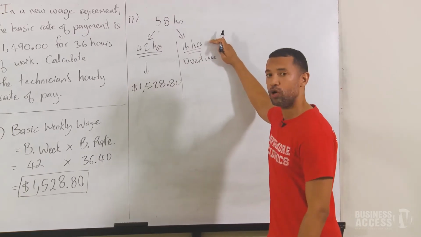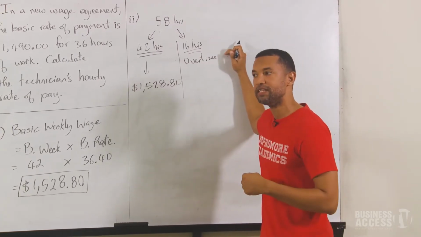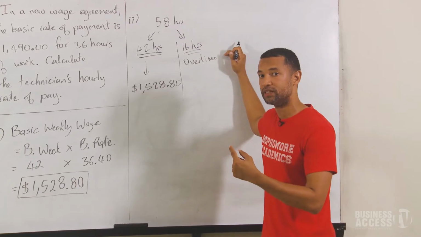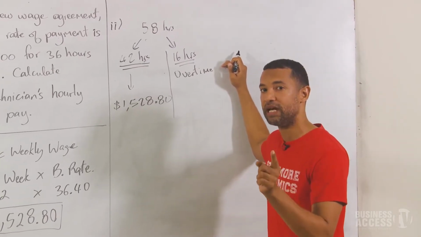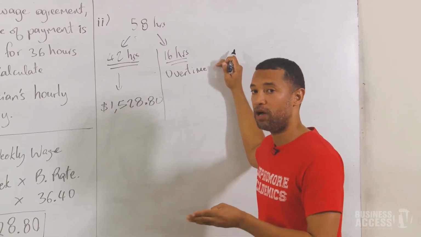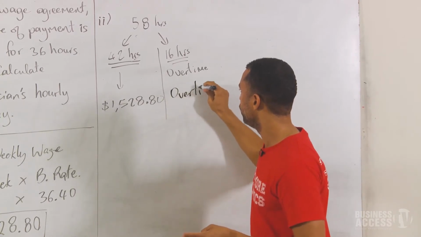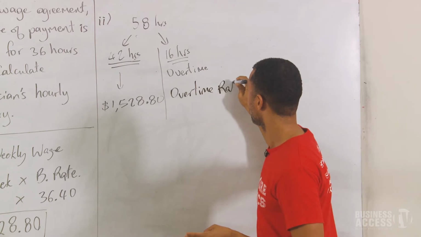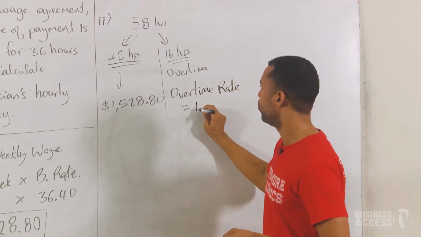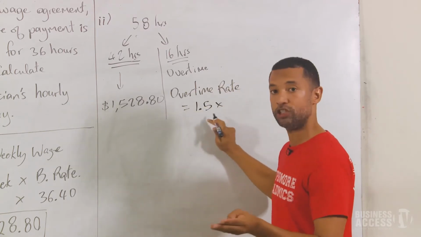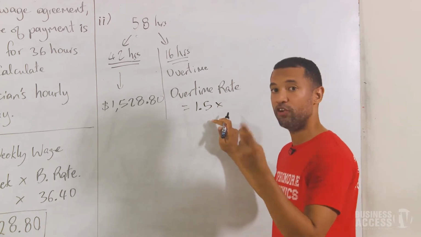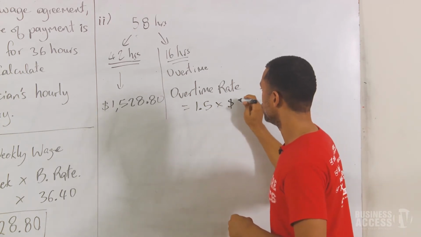Now, the 16 hours of overtime, remember, he's getting paid at a higher rate. They said it was 1.5 times the normal rate. So let's just look at that. The overtime rate is going to be equal to 1.5 times the regular rate. The regular rate was, do you remember?